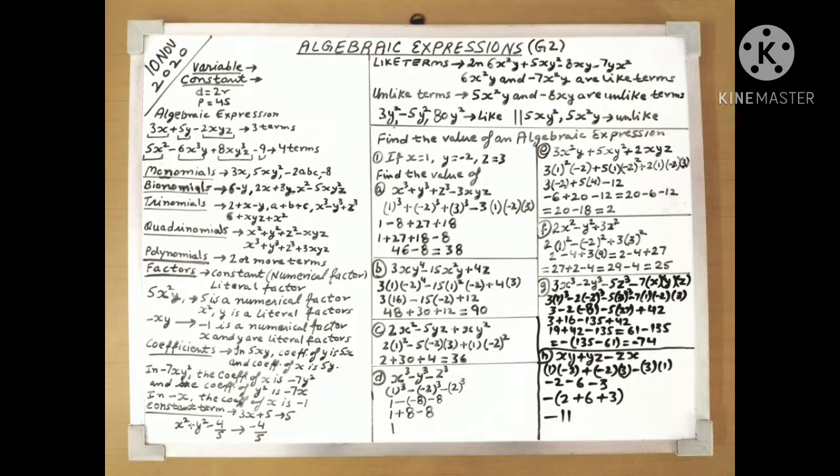Okay. Next important thing we have to learn and understand is how to find the value of an algebraic expression. So you will be given in the question that, for example, x is equal to 1, y is equal to minus 2 and z is equal to 3. Then find the value of the expression x cube plus y cube plus z cube minus 3xyz.